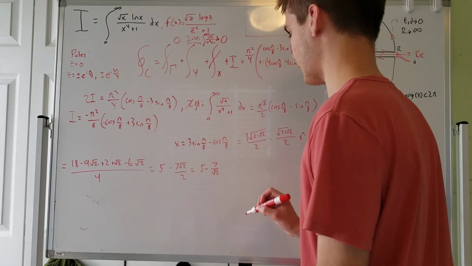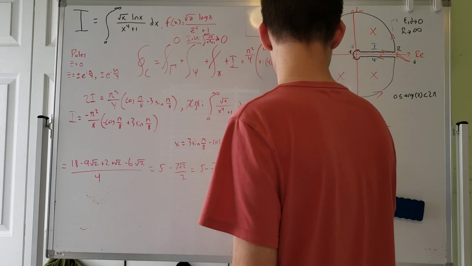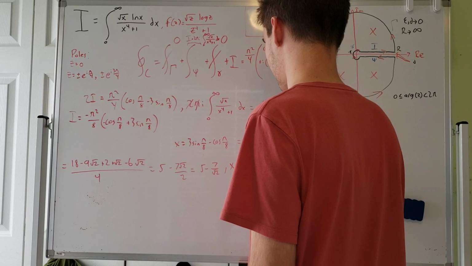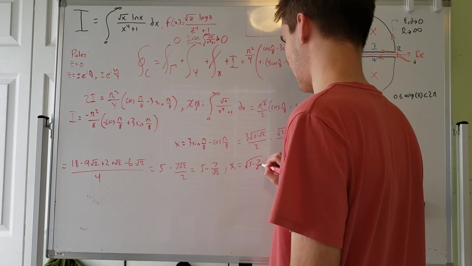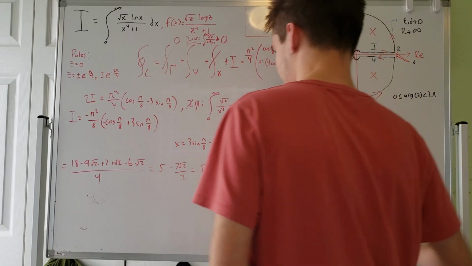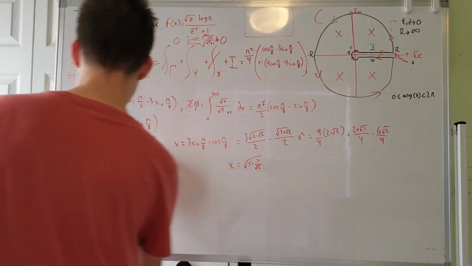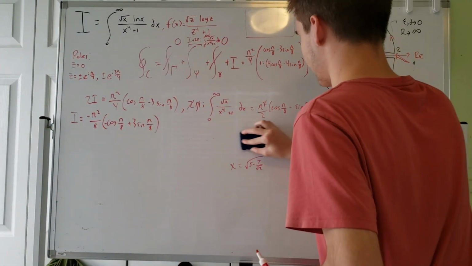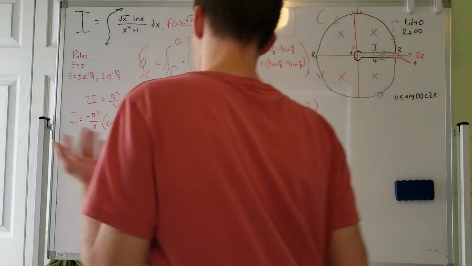And then we can just take the square root of that to retrieve our x back. So we're going to get root 5 minus 7 over root 2. So then, after all that, you see, we actually managed to condense the term into something nicer.